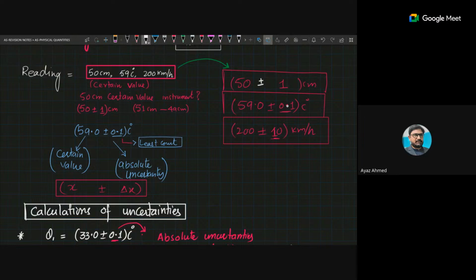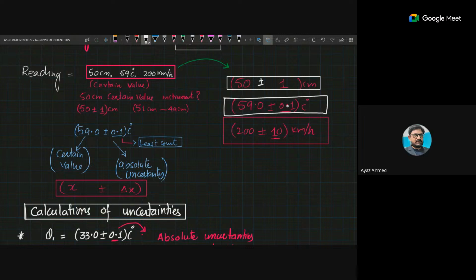All these values carry some sort of uncertainties, and this is a complete representation of the data.